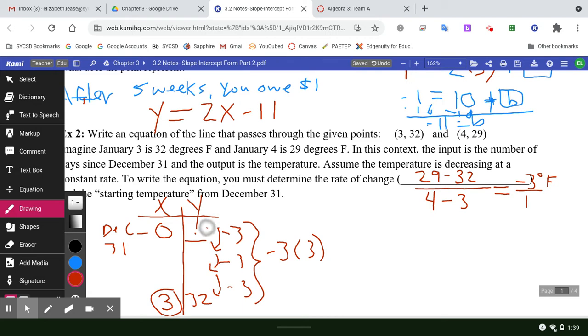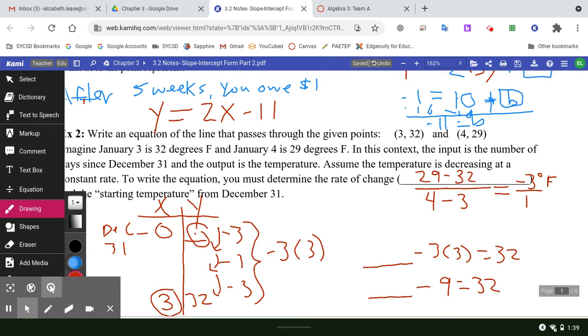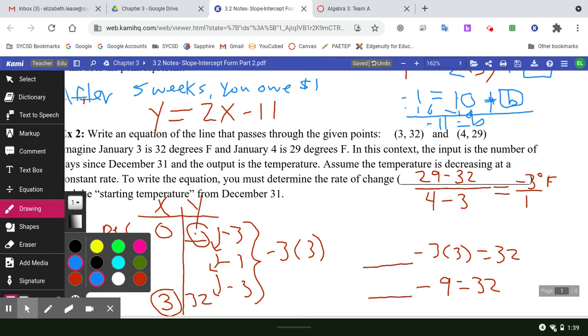So if some number minus 9 degrees equals 32, then we can figure out that number has to be 41. Notice right here, I actually still used an algebraic equation to figure out the value of b, right?